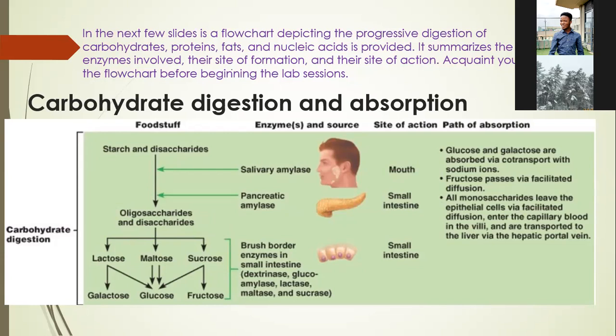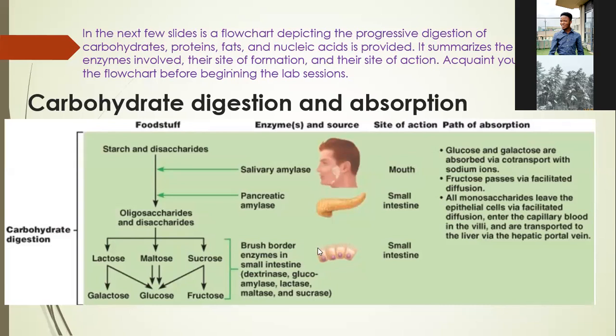So as you chop them, they are thrown towards the walls of the GIT, and when they go there, they will come to the epithelial lining, and within the epithelial lining are embedded some enzymes. Remember, enzymes are proteins. So these walls of the GIT, the epithelial cells exposed to the lumen side, have what we call a brush border.